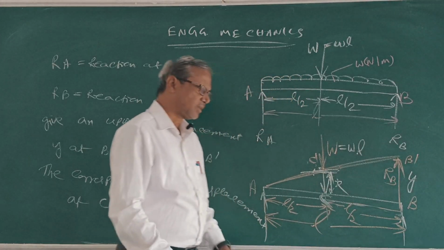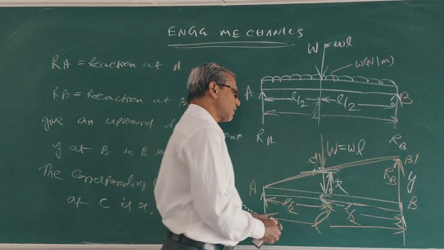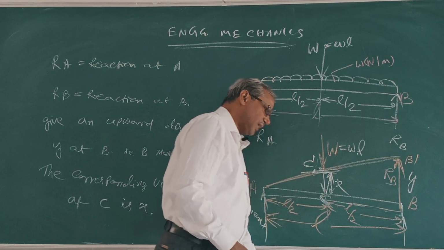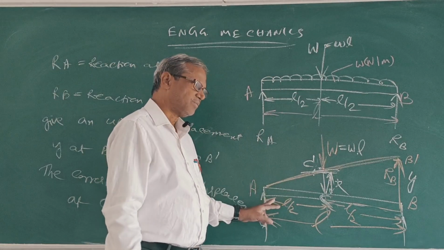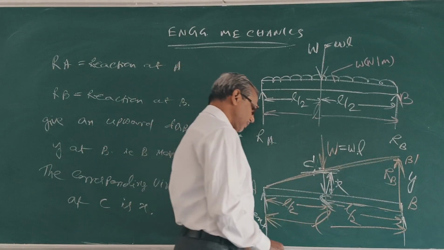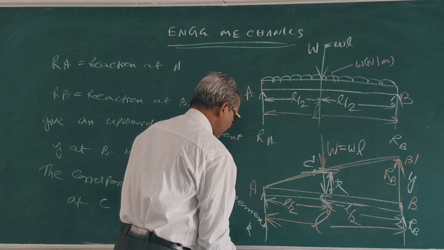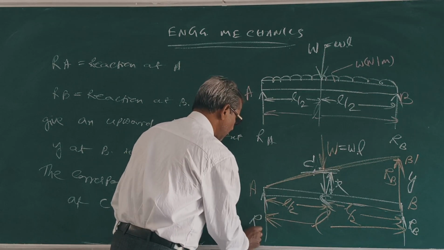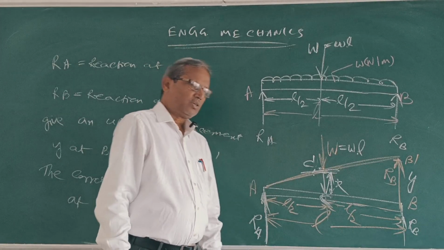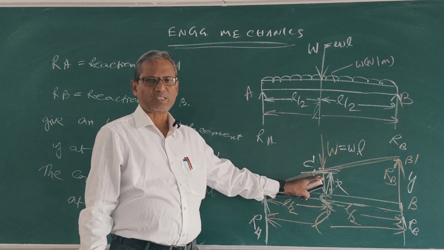Small w L. If B moves to B dash, C moves to C dash. This is C dash. And A at the same position. So displacement of RB, this is RB. This is RA. Clear? So virtual displacement of RB is y, RA is 0, W is x.